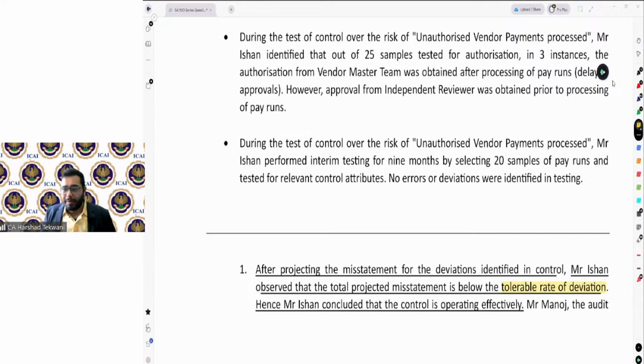What do you mean by tolerable rate of deviation? Very important thing.